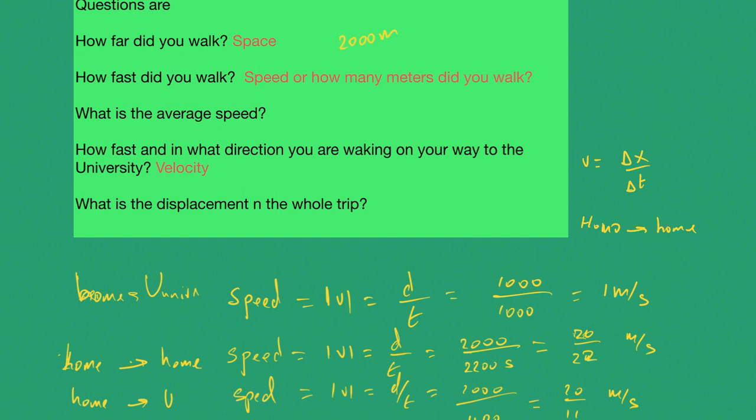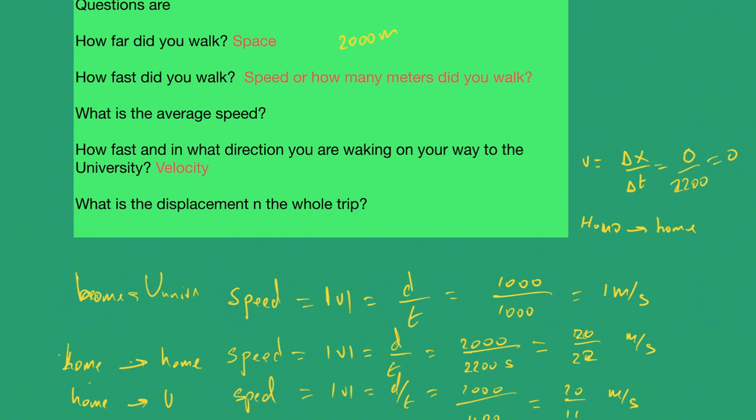The velocity is the displacement, but the displacement is, you start at a certain point at home and you come back at home. So the displacement is 0. 0 divided by the total time, 2,200. This is 0. The velocity is 0 going from home to home.